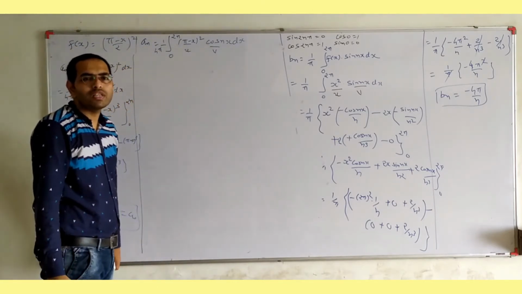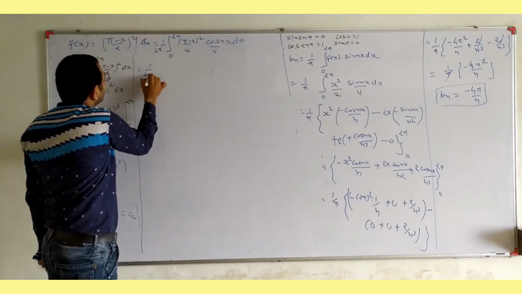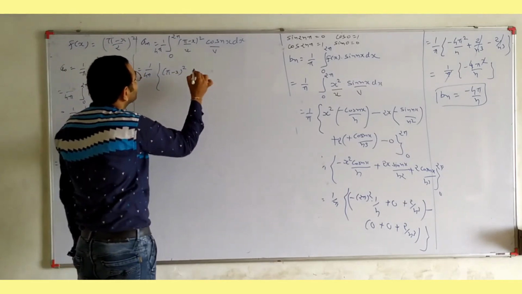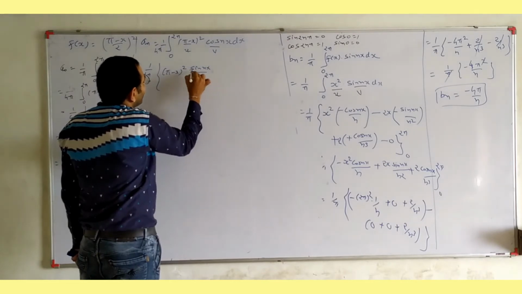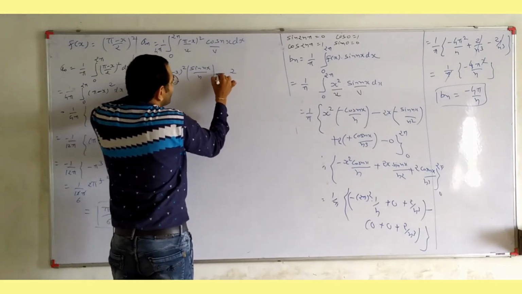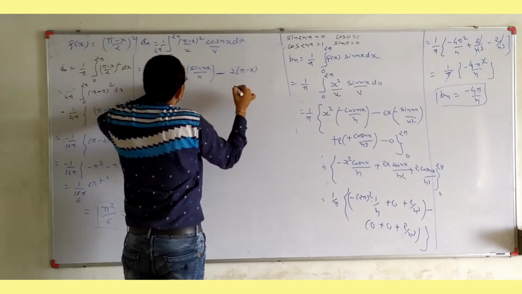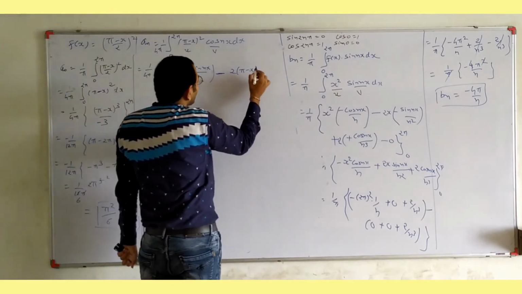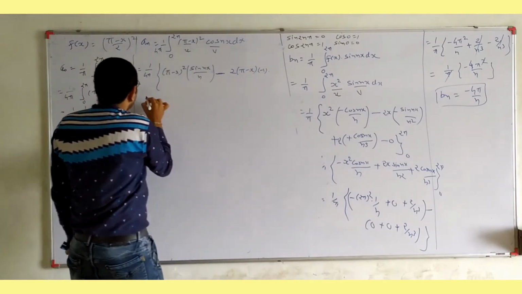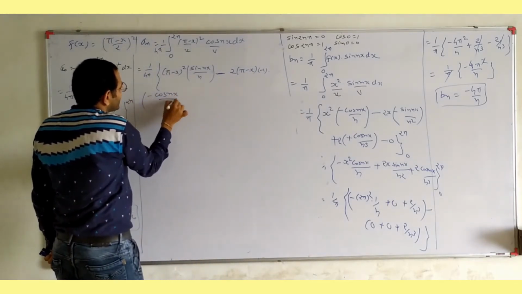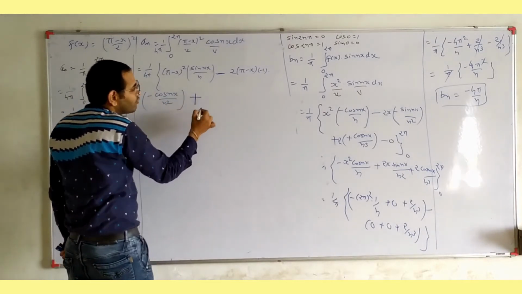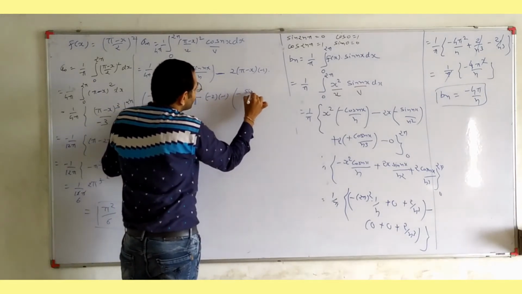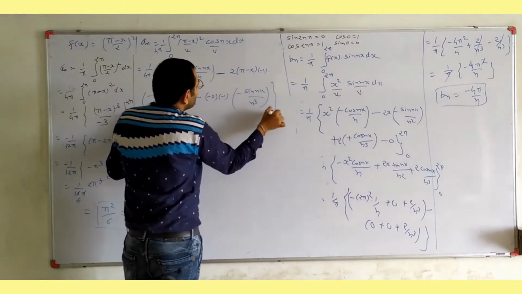Then with the help of Bernoulli's rule for integration by parts, u as it is, that is (pi minus x) whole square, integral of v, that is sin nx by n, minus derivative of this, and it is the sign formula, then 2 (pi minus x) power both sides, then (pi minus x) into minus 1, and the integral of this term, that is minus cos nx upon n square, plus, that is the sign formula, derivative of this term, then minus 2 into minus 1, integral of this term, that is minus sin nx upon n cube, 0 to 2 pi.